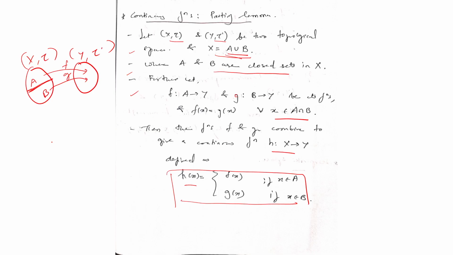If A and B are open sets in X and X is A union B, such that f is from A to Y and g is from B to Y, then the combined function is continuous. So you can form such h from X to Y in this manner. I hope the pasting lemma is the same for open sets also.